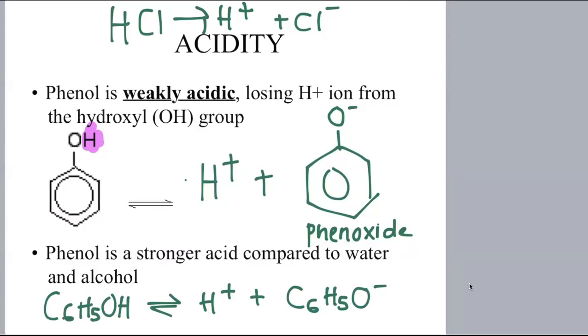Now, pKa works just like pH, from topic 7 of your A2 syllabus. The lower the pH is, the stronger the acid. So if your pKa is small, it is more acidic. A bigger pKa means less acidic. So don't get confused.